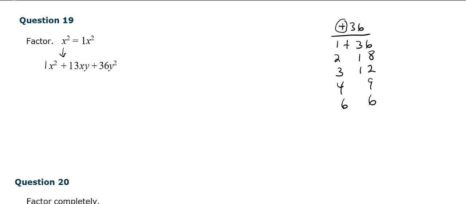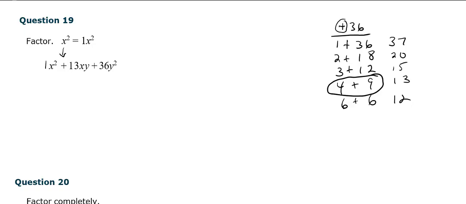So again, I'm looking for the pair, if it exists, that adds to a 13. And the pair that does is 4 and 9. Now, if there were no two factors that add to our middle term, then our expression is not factorable, or we call it prime.